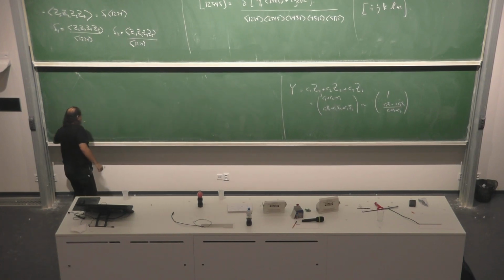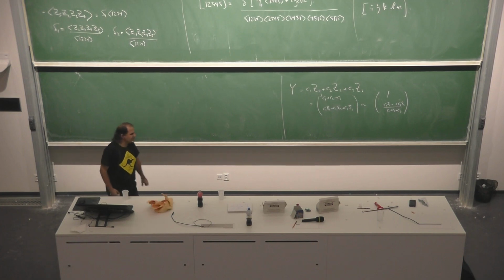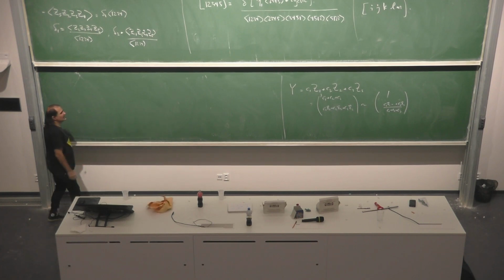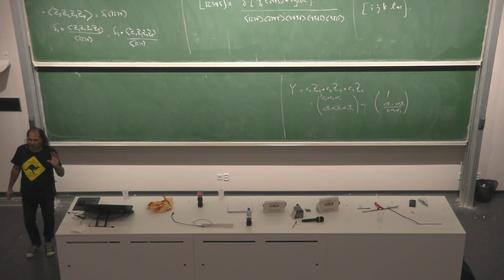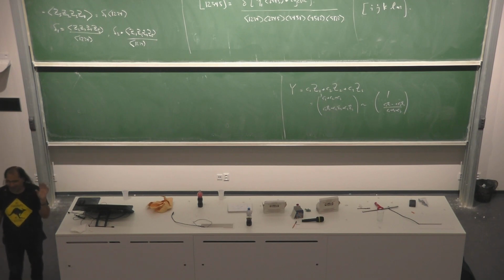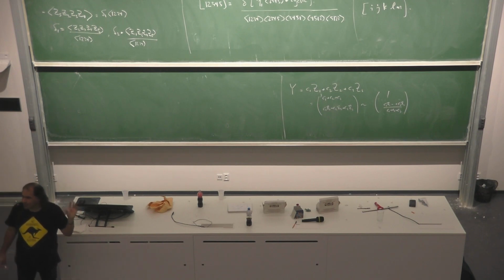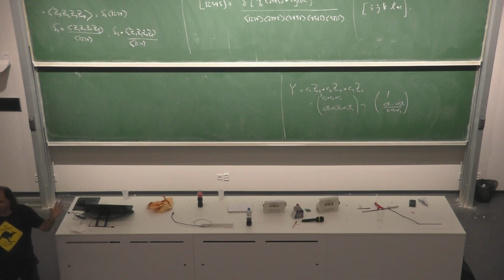But let me just give you a couple of examples. So again, everything that we do is going to be invariant under 3 by 3 linear transformations, SL3 transformations on these Zs. Okay. And so the only tensor that we're going to have is the epsilon tensor.